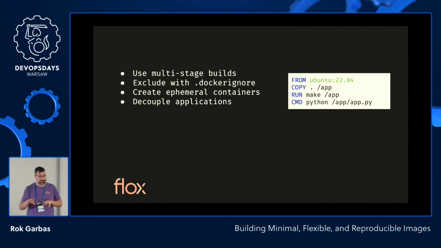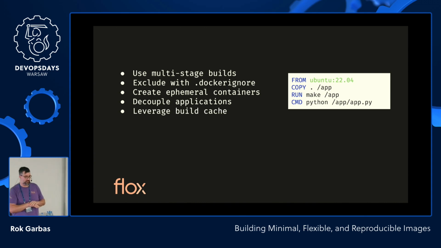We want to decouple our applications. You might build one Docker image, or you build multiple images, but then we like to see it as, let's say, complex applications. Each process will have its own Docker image, or will be in its own container. So we try to decouple that. And you want to leverage the layer cache and the build cache.